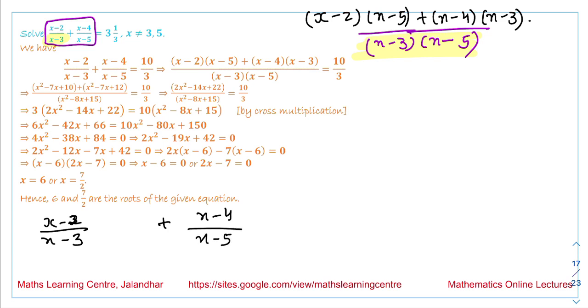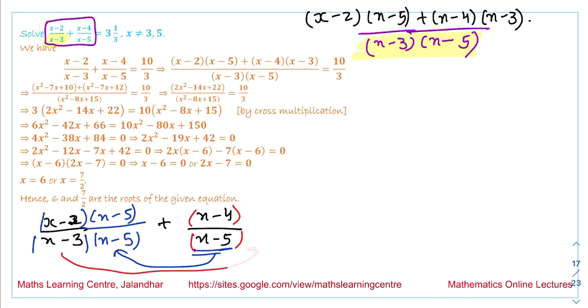To make their denominators the same, we are multiplying and dividing this term with x minus 5. We are multiplying and dividing this term with x minus 3.